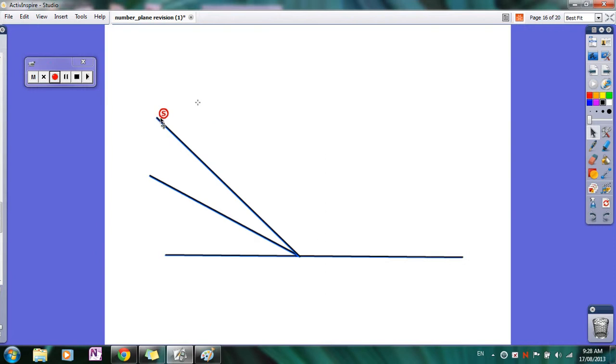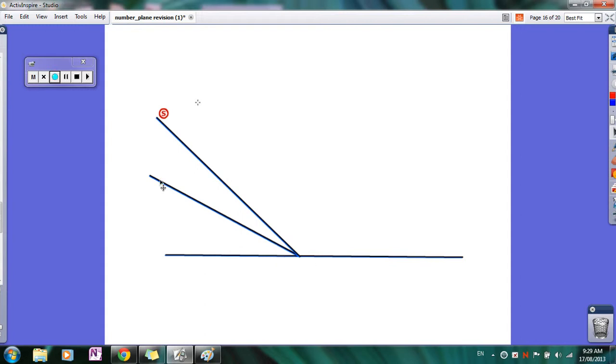Here they are. I've got my really steep slope and my not so steep slope. If I wanted to say to someone, this line's steeper than that line, but the person said to me, okay, but how much steeper? How could I work out how much steeper that line is than that line?